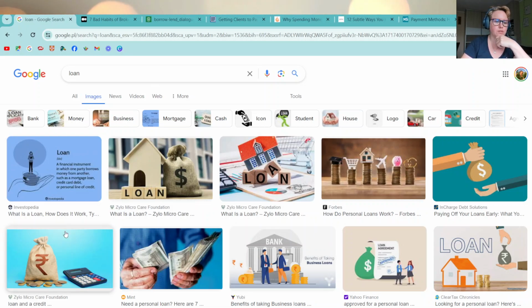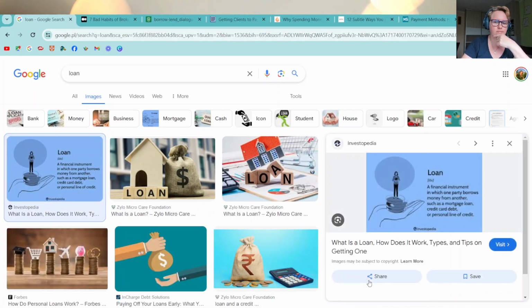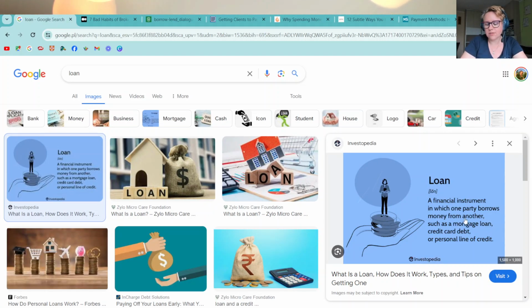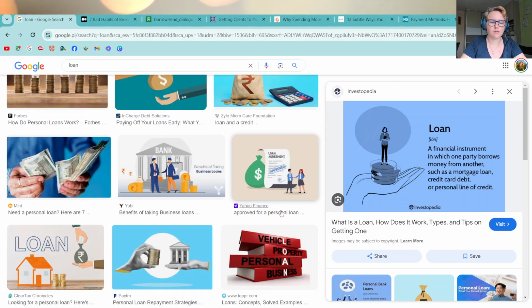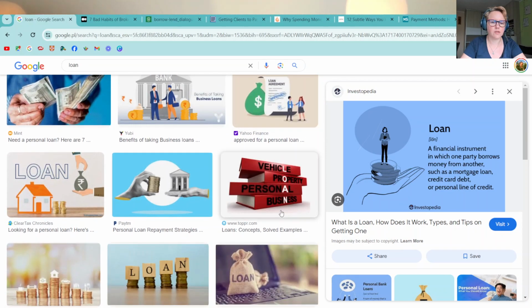What is a loan? How does it work? For example, yeah, so loan, you even have a definition here: a financial instrument in which one party borrows money from another, such as mortgage loan, credit card debt, or personal line of credit. Yes, when we talk about loans and bank, yeah, because usually you take a loan from a bank, a type of a loan is, I'm just looking if there is anything here.